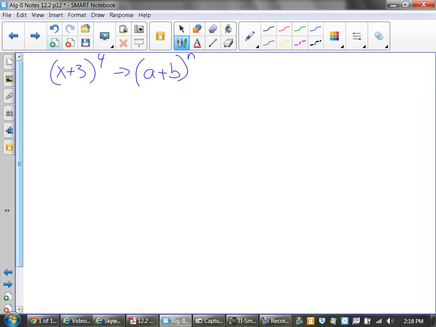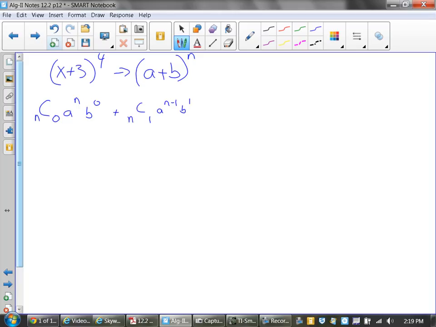In order to do binomial expansion, you do the following steps. n choose 0, a to the n, b to the 0. That's your first term. Your second term: n choose 1, a to the n minus 1, b to the 1.